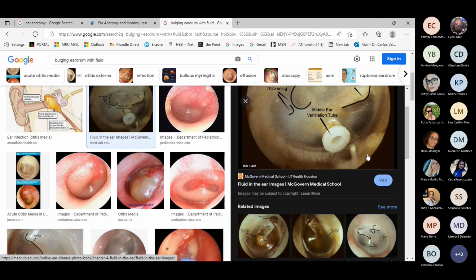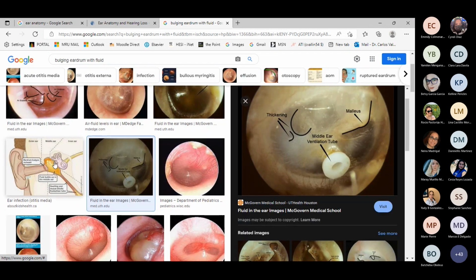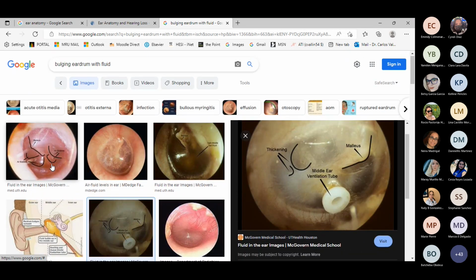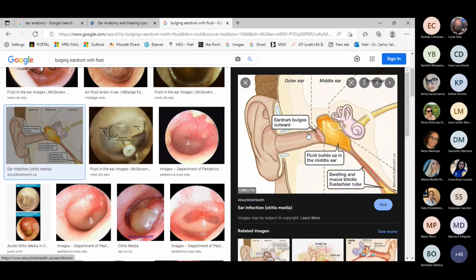And those tubes come out spontaneously. One of the questions that we could have is why some children have recurrent or repetitive otitis media. Does somebody know the answer to this question?